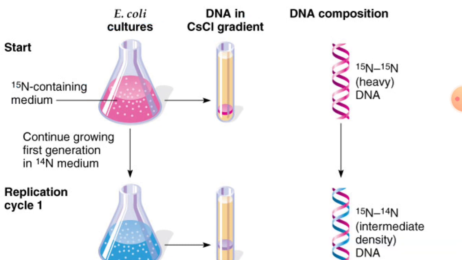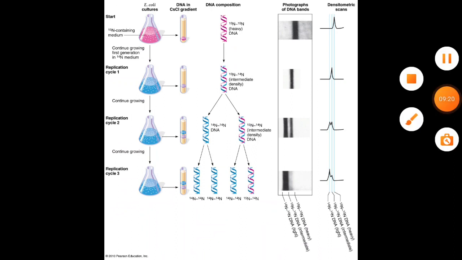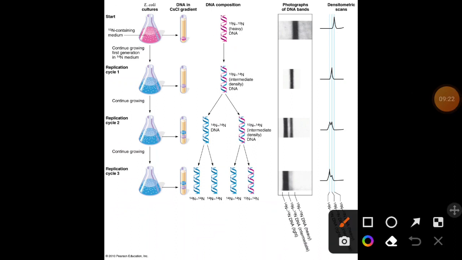Now let me give some basic knowledge about the cesium chloride density gradient centrifugation. Although I have made a separate video on how DNA can be separated with the help of cesium chloride density gradient centrifugation. So what is the idea? It is a kind of isopycnic centrifugation where we are separating our molecules on the basis of their differences in buoyant density. Now, what is the density gradient?